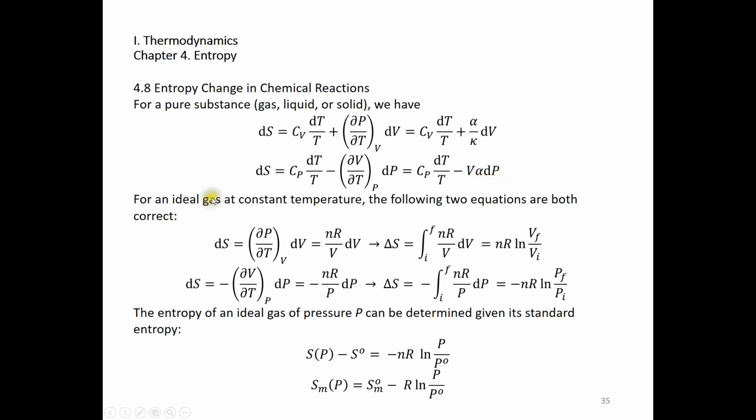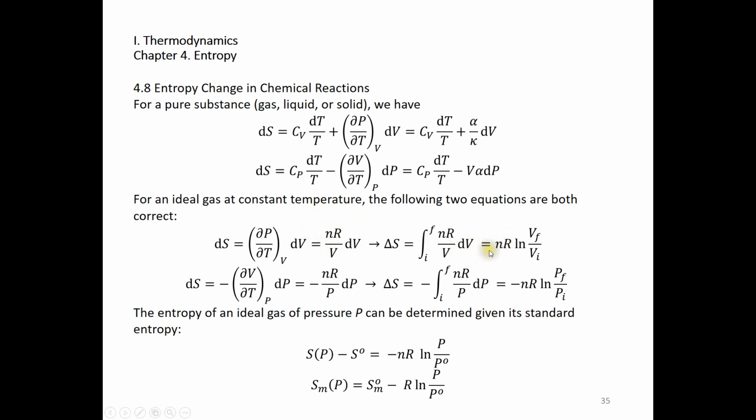Again, for an ideal gas at constant temperature, it's pretty easy to calculate the entropy change. When temperature is constant, this dT is 0, this dT is 0, and then dS is either ∂P/∂T times dV or negative ∂V/∂T times dP. We can use either of these two. If we use the first one, ∂P/∂T is nR over V, and we integrate this.